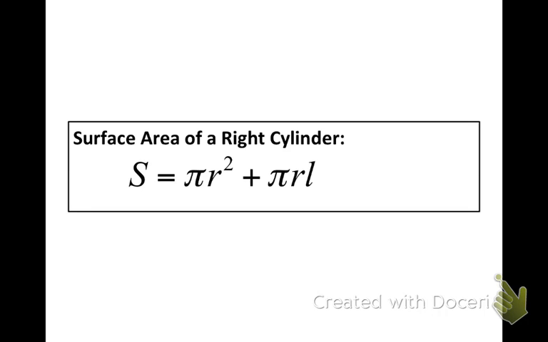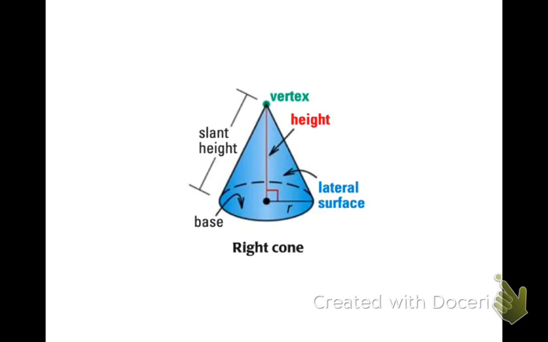Okay, so when we're finding the surface area of a right cone, it still may be necessary to use the Pythagorean theorem because we're still going to have that right triangle. So if we look here at this diagram, your slant height is still the height on the side. Your height of the cone itself is still that perpendicular distance from the top, your vertex, down to the center of your circle.